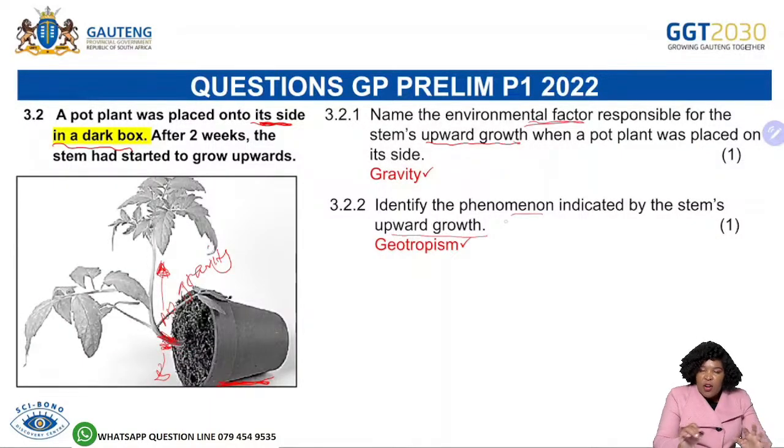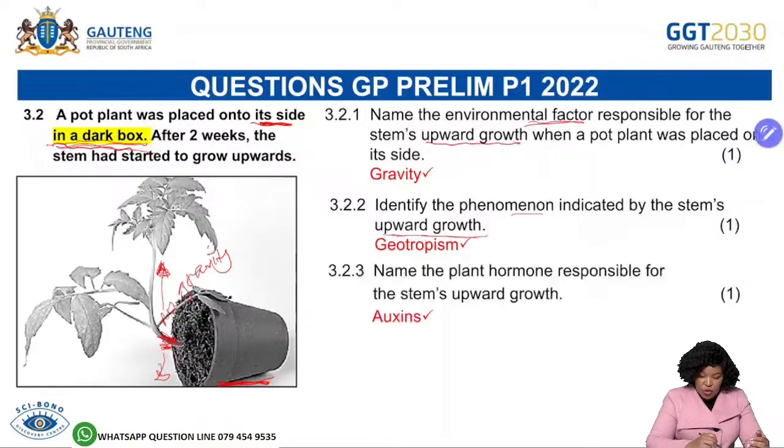Remember, we are not talking anything about the light. Whenever you are reading an experiment, start there and check which factors are at play. And because light is not at play, there's no way you will talk about phototropism. However, you are talking about the stem's upward growth, then you know we are talking about geotropism.